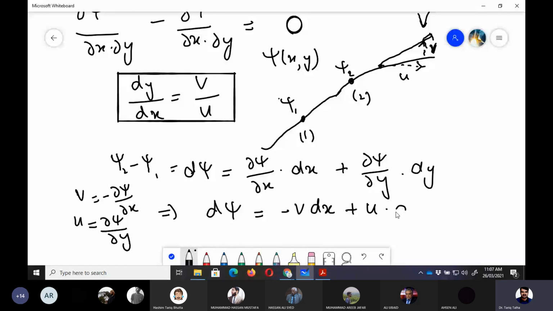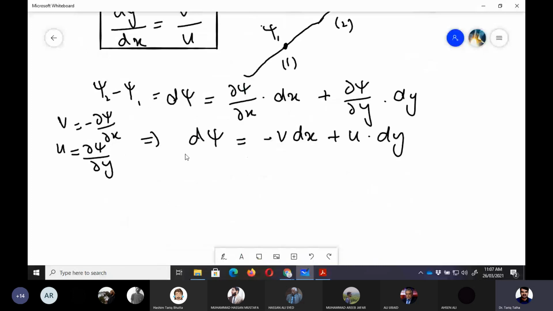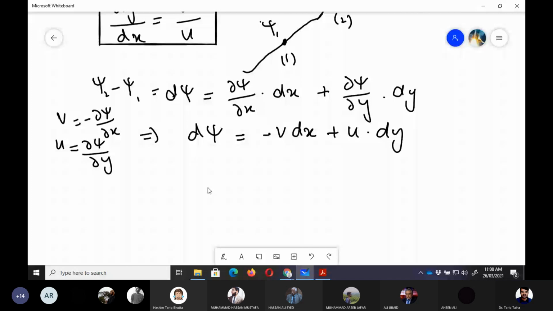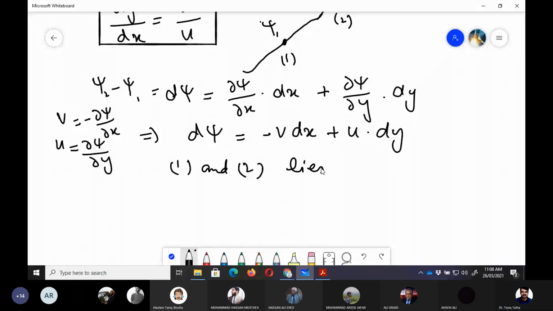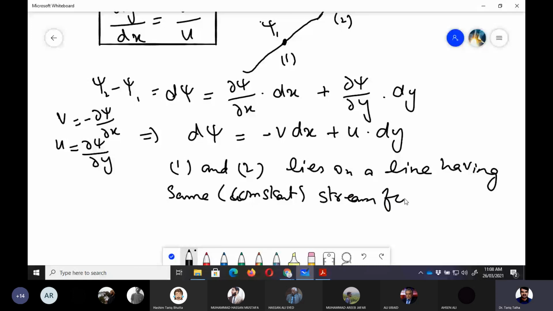Now, if we are talking about points 1 and 2 that lie on a line having the same or constant stream function value, then it means that d psi would be equal to 0.